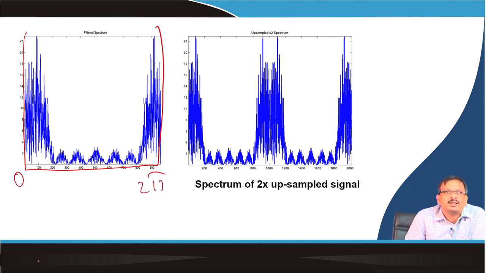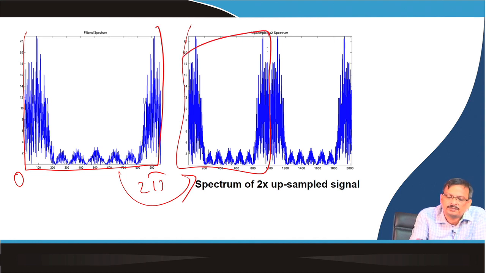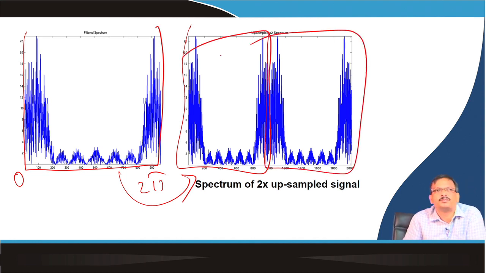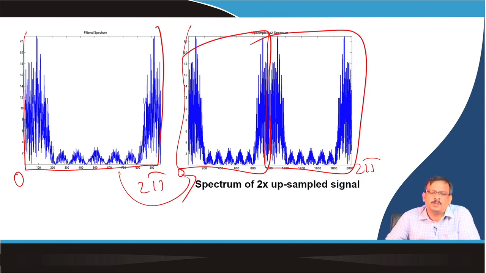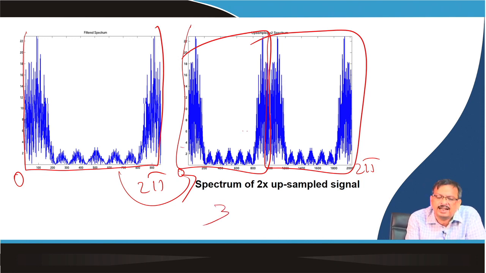When I upsample by factor 2, I get 2 mirror images between 0 and 2 pi. If it is factor 3, I get 3 mirror images. If it is factor 4, I get 4 mirror images between 0 and 2 pi.